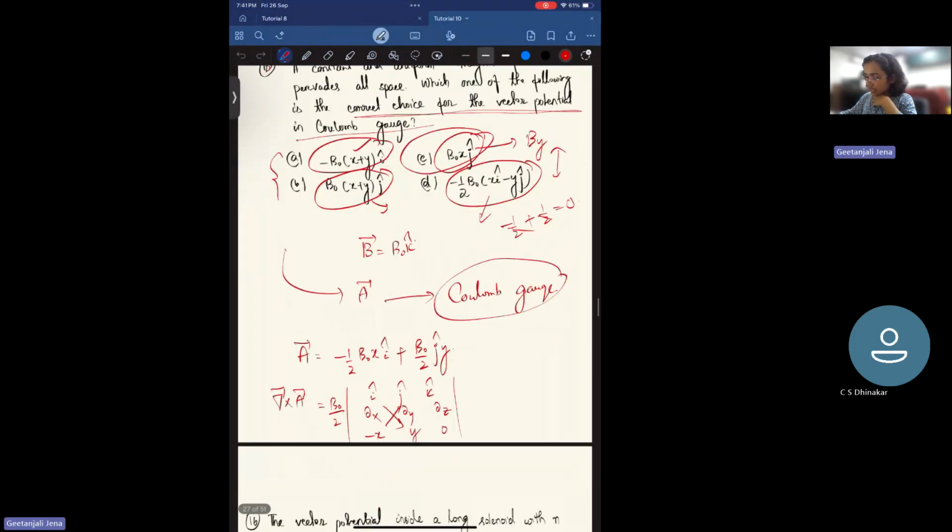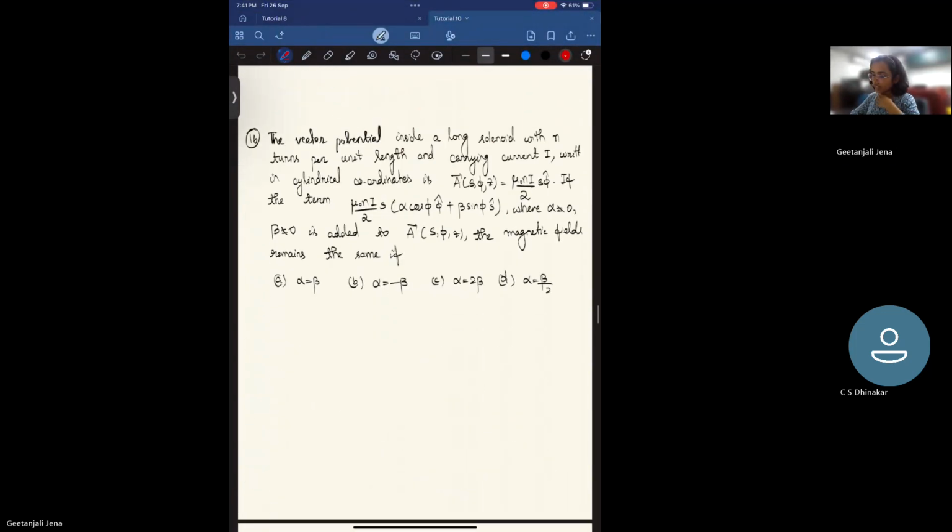Okay, so let us see our next problem. It's based on the, I think it's based on Coulomb Gauss only. No, it's a different one. So for this, there is a vector potential inside a long solenoid with n number of turns per unit length, carrying current I, in cylindrical coordinates.